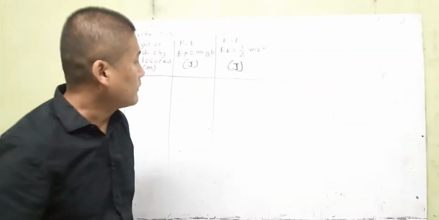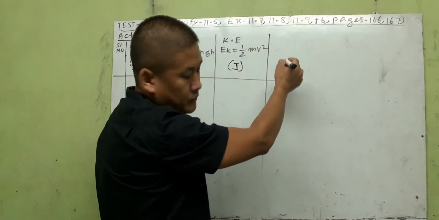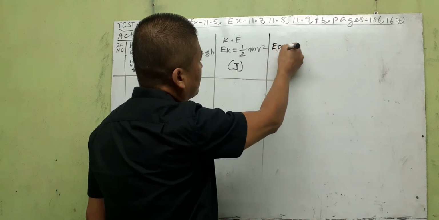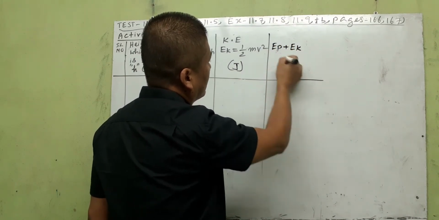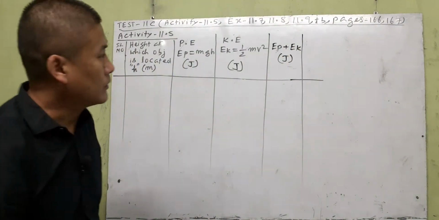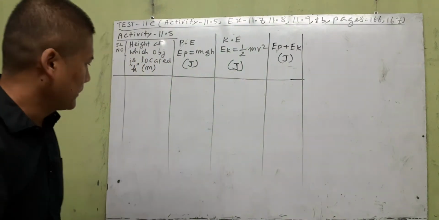Okay, and then the last column is we're going to add up these two, potential energy, whatever we got in each case, and kinetic energy, in joules, let us say. So we have space here, down next here.